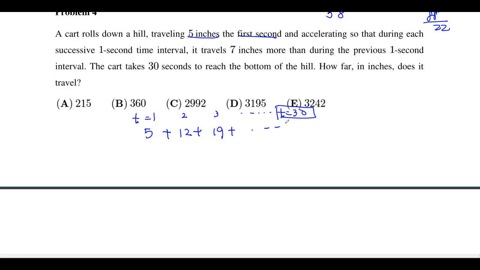What is the last term? The 30th term equals the first term plus n minus 1 times the common difference. The common difference is 7. So first is 5, and 30 minus 1 is 29 times 7. That's how much?